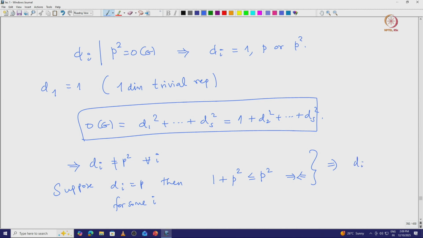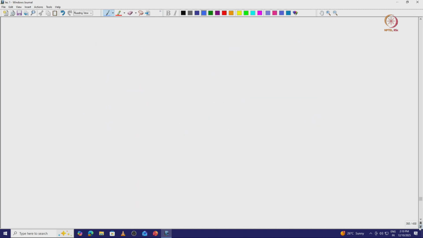That forces d_i to be 1 for all i. So all irreducible representations of G are one dimensional, which immediately implies that the group must be abelian. This implicitly uses knowledge about conjugacy classes and so on, but anyway, this is a very clean representation theoretic proof of the fact that we know from group theory.